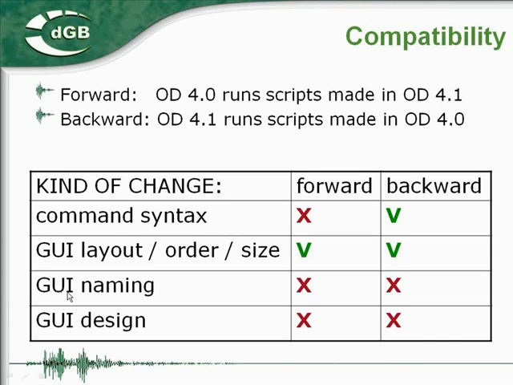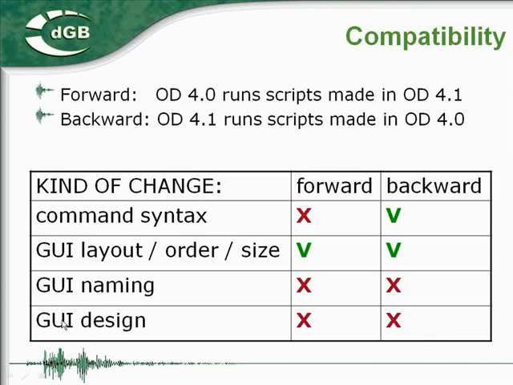If, for example, I have the name of a menu item in OpenTect 4.0, and for whatever reason we decide that it is not a good name and it has to be changed in OpenTect 4.1, then your script will not run anymore and you have to adapt it yourself.